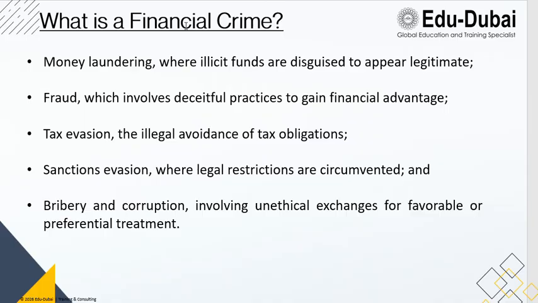Suppose every year I am earning an income of $2 million, and I am supposed to give a share of my income to the government, but I am reporting my income as only $10,000 per year, and I am hiding my source of income, and I am not using my accounts to transfer income. In such cases, tax evasion is happening, and that is another financial crime.